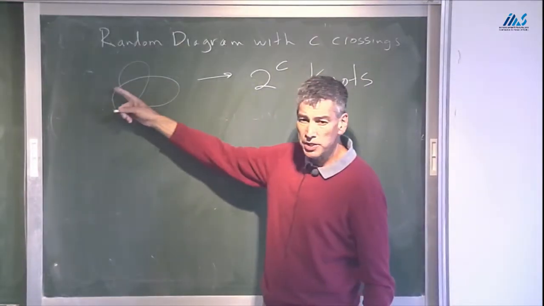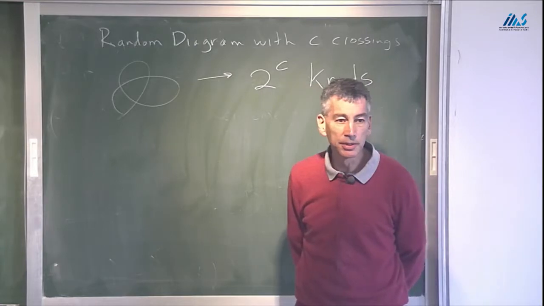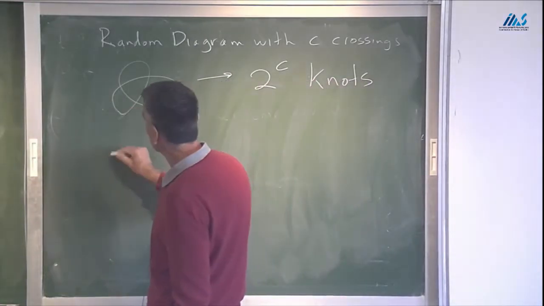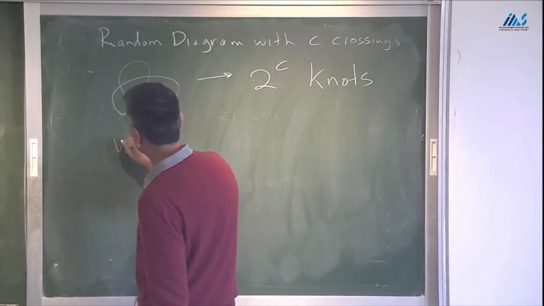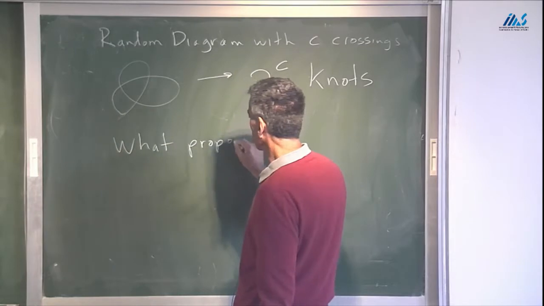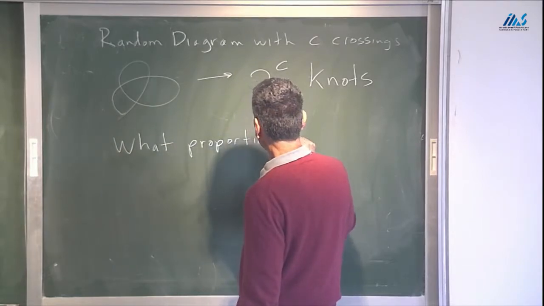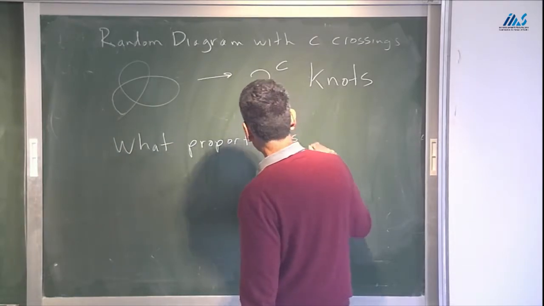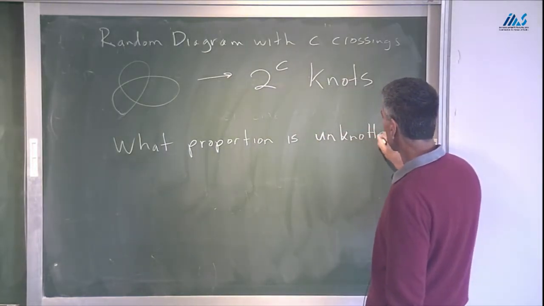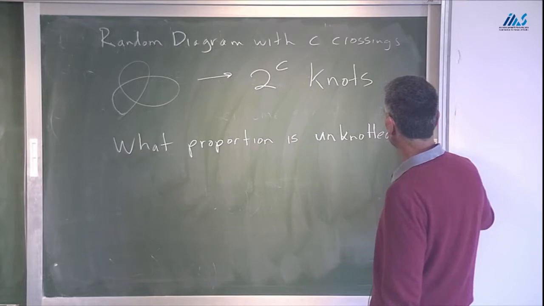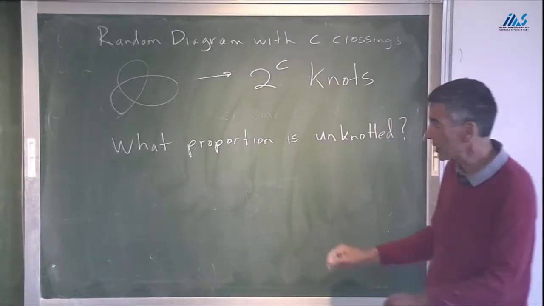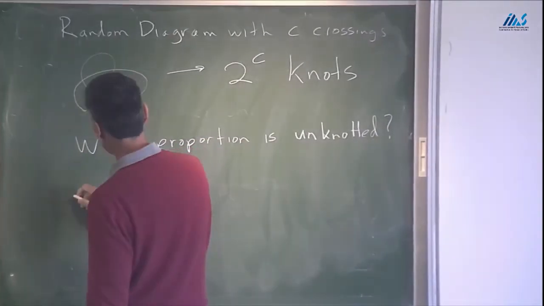Each one of the crossings can be changed to an overcrossing or an undercrossing independently. We can ask what proportion of these is unknotted. So let's look at some examples, and then I'll ask a question that we don't know the answer to.